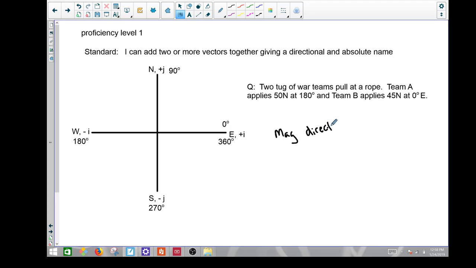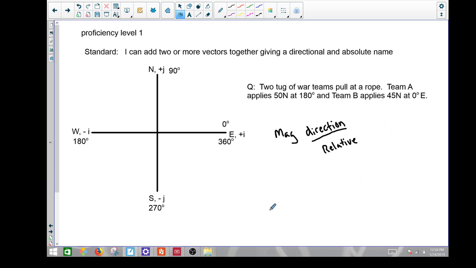Now, a direction has to be relative to something. You can't just be traveling 10 degrees. 10 degrees to what? Left or right, it has to be relative to something.